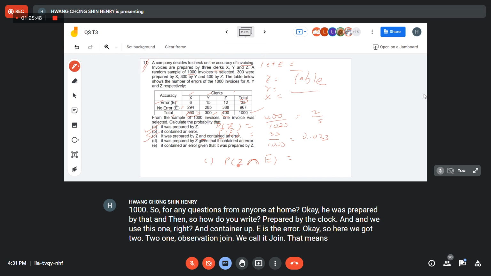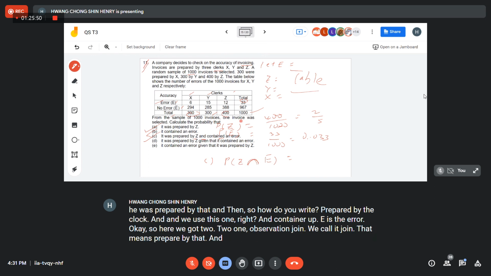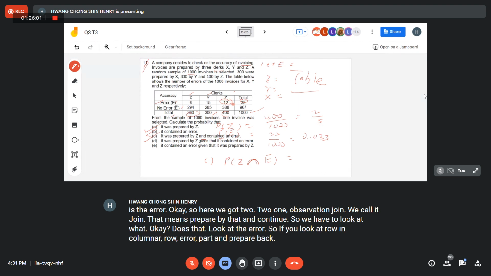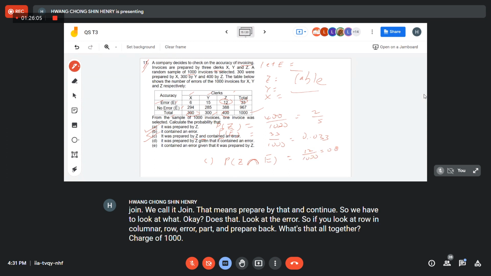That means prepared by clerk Z and contains error. So we have to look at the Z and look at the error, so you have to look at row and column. Error, 12, and prepared by clerk Z altogether, 12 out of 1,000. Any questions from anyone?